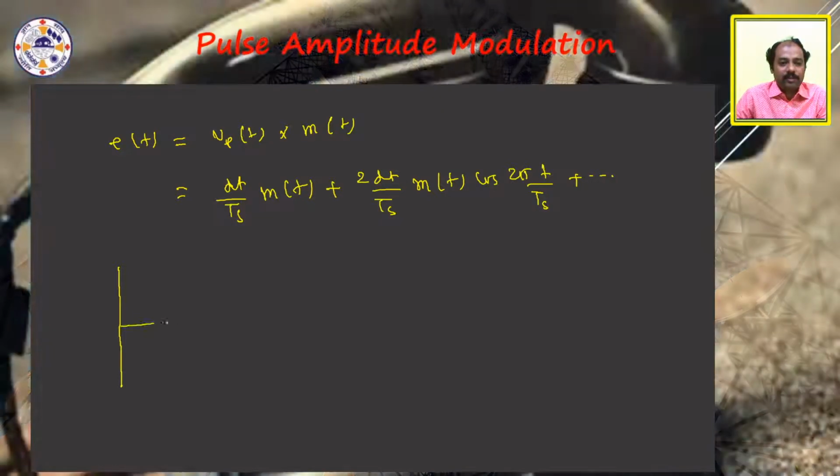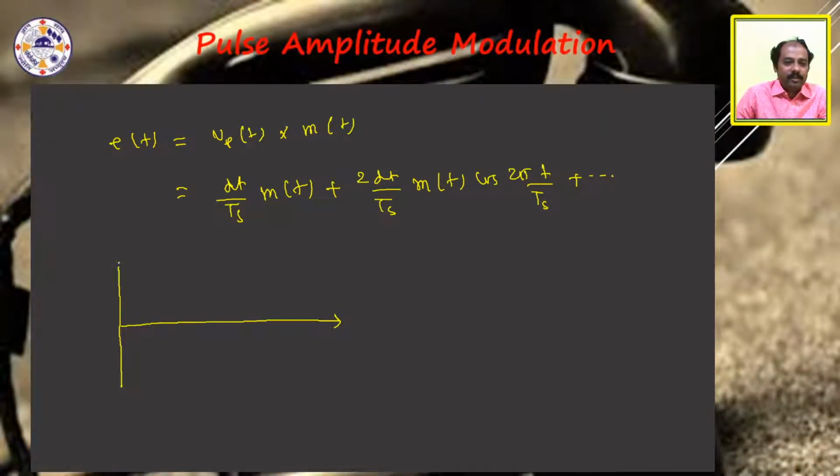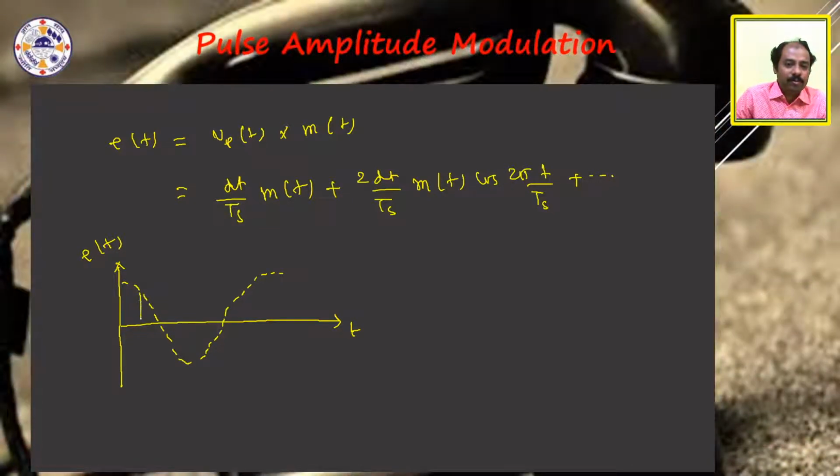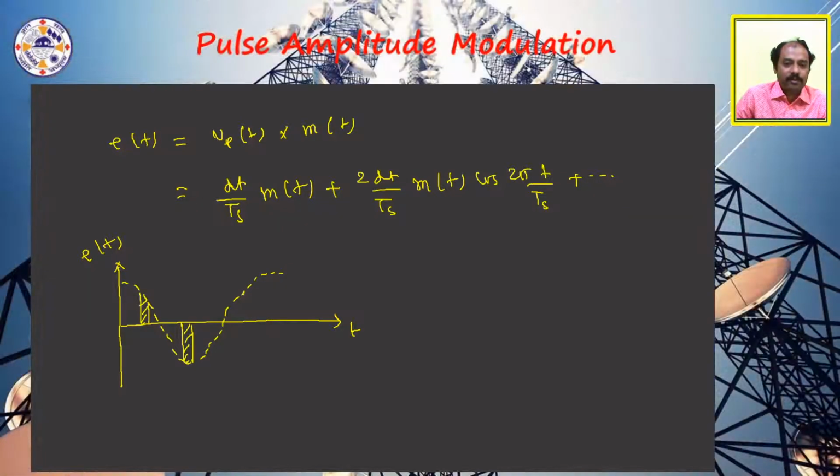You can just guess it. This was our modulated signal. This is the envelope of the modulated signal, and the amplitudes of the pulses get modified in accordance with the envelope of the signal.